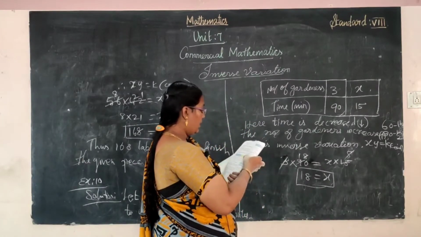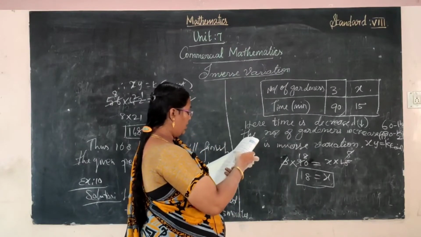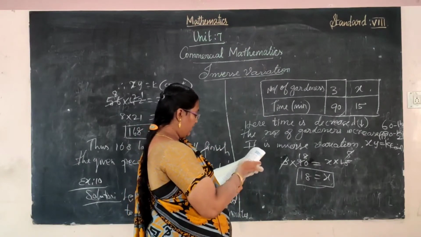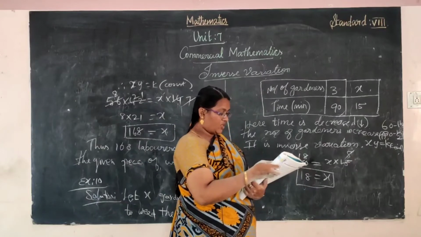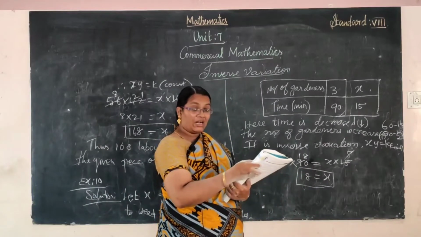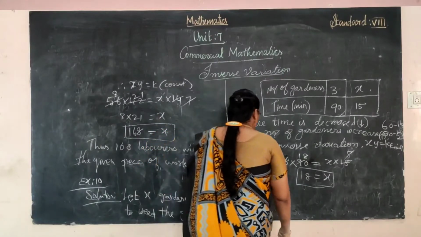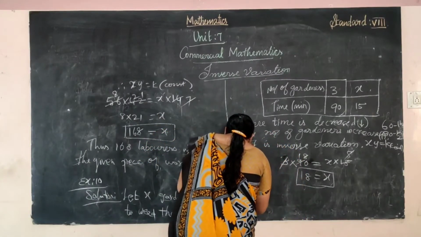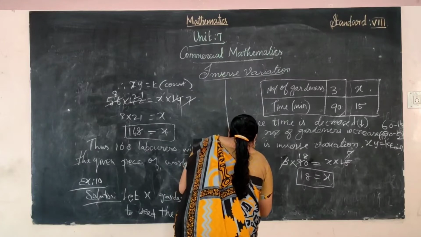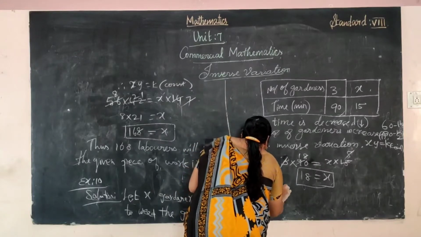So hence it takes 3 gardeners to weed the garden. So already 3 are there. So as 3 gardeners are already working, subtract from 18 minus 3. We need the 15.